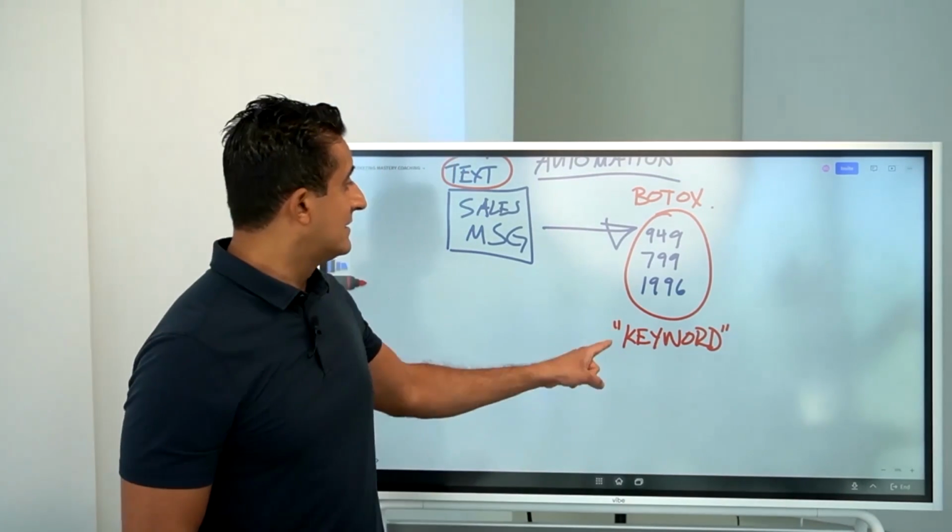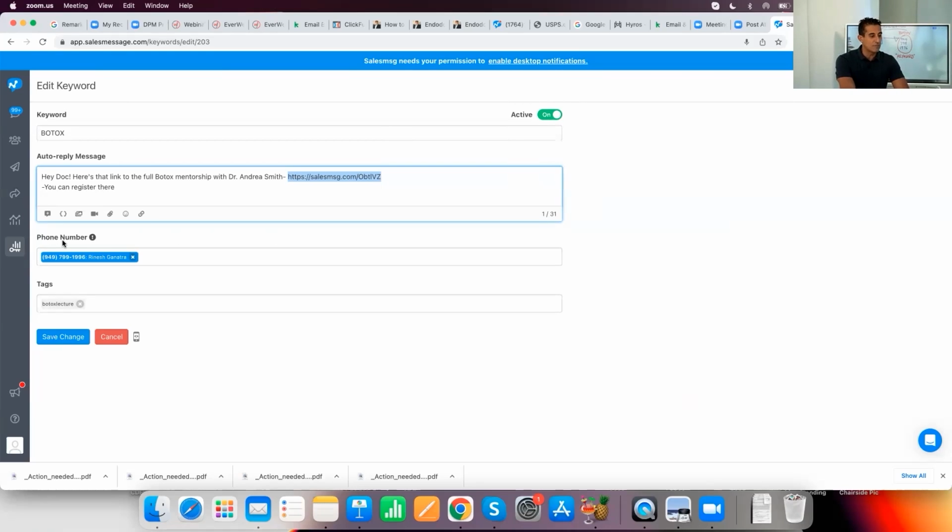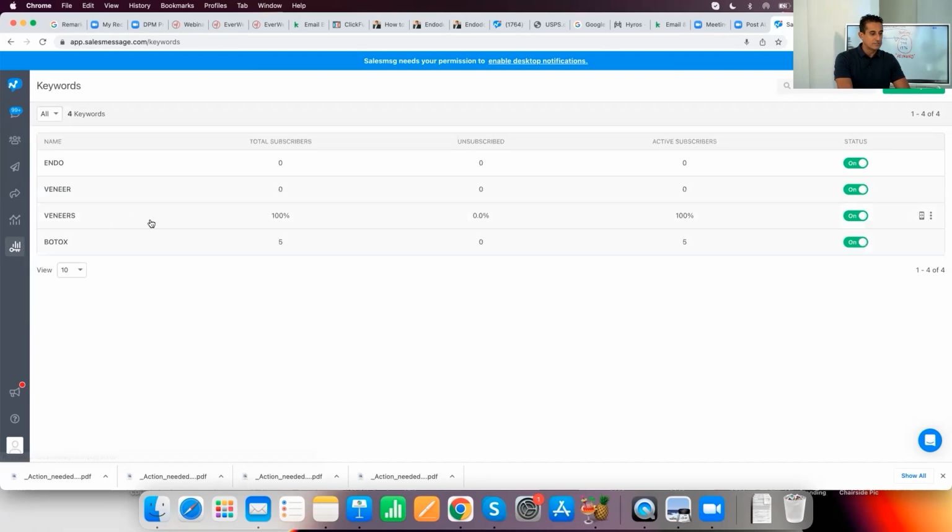So what this does is, you put this keyword in, and it simply triggers the automation. You click on keywords right there, and you can see, boom, this one is set up here, and we have one for Botox.